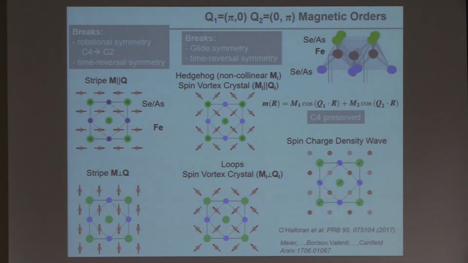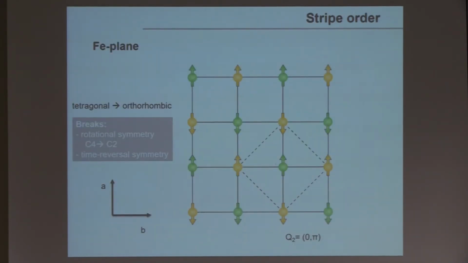So these are theoretically possible states. If I break this symmetry, these are allowed states. Up to now, there was no observation of this order, but I'm going to show that a few months ago this was in fact observed in a material. So let me spend some slides, I have some time, first on the stripe order.